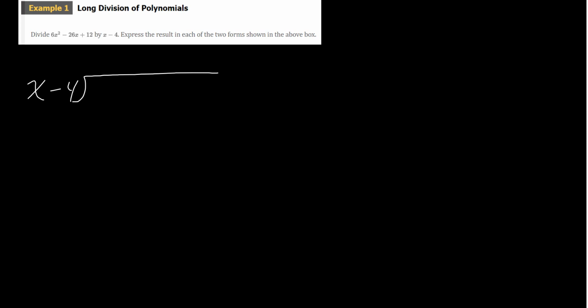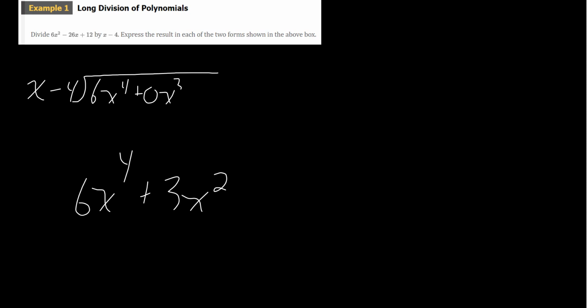A couple things. Whenever you write the dividend and the divisor, you want to write them like you would any polynomial, in descending order. Furthermore, if you are missing a power, say we had a fourth degree polynomial, 6x to the fourth plus 3x squared, then we would write 6x to the fourth, and then plus 0x cubed, because we need a filler so we have this area up here to write in.